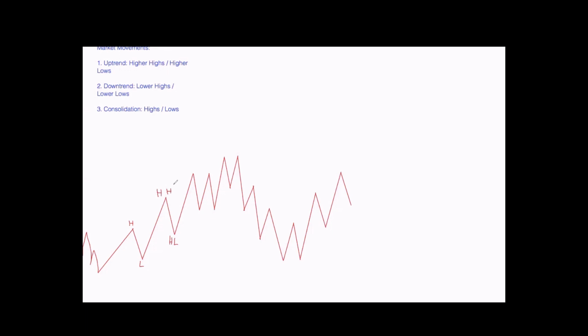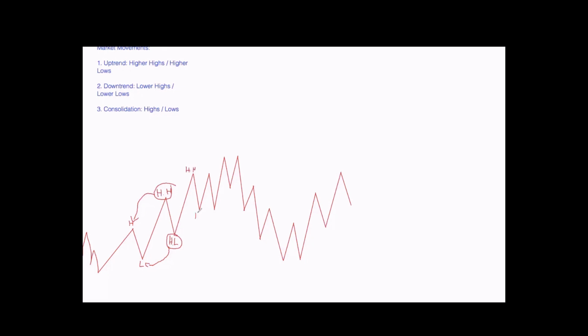So this is called a higher high because this high is higher than our previous high, and it's the same thing. Now, this is called a higher low because this low is higher than our previous low. So it's as simple as that. So now this is a higher high.